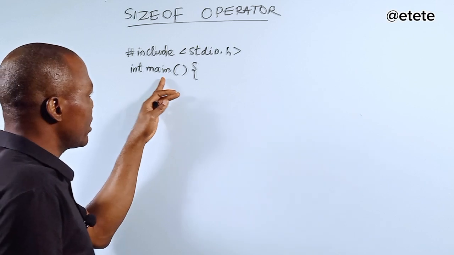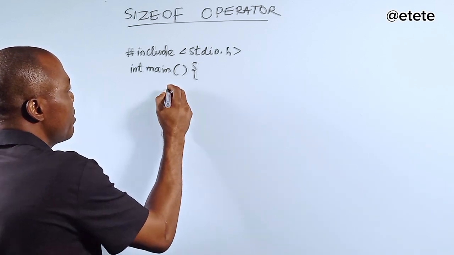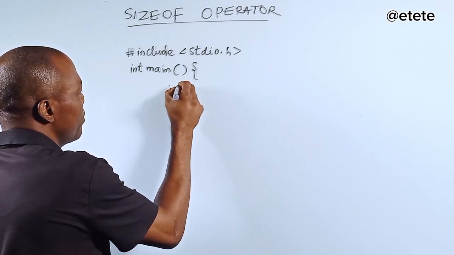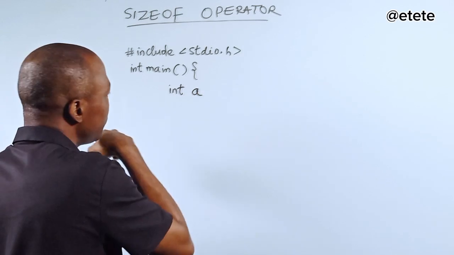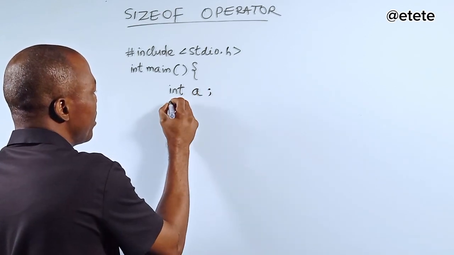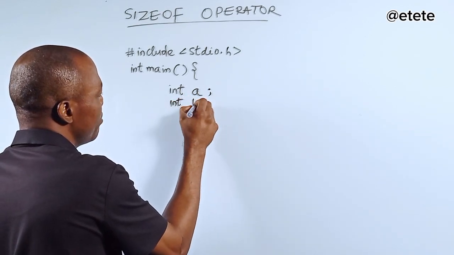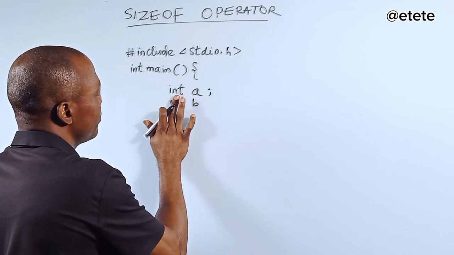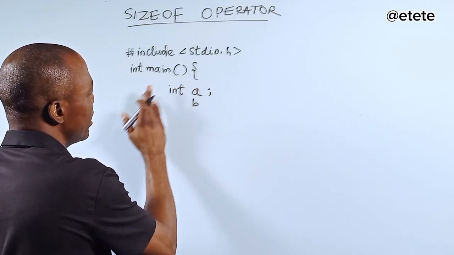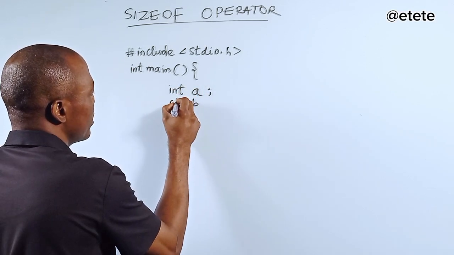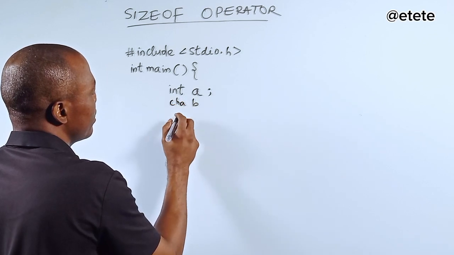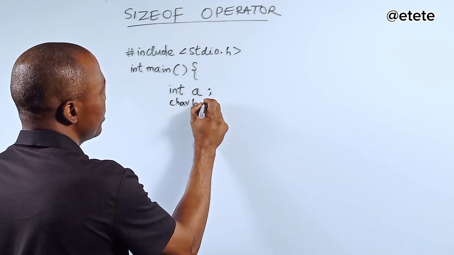So we have said int main. Then inside this main, I am going to declare my variable int a, and then I will declare another variable, char b.